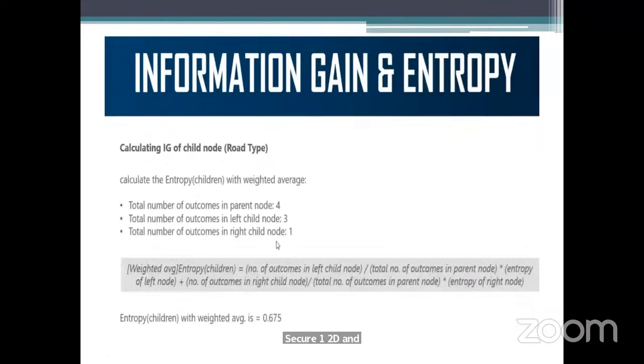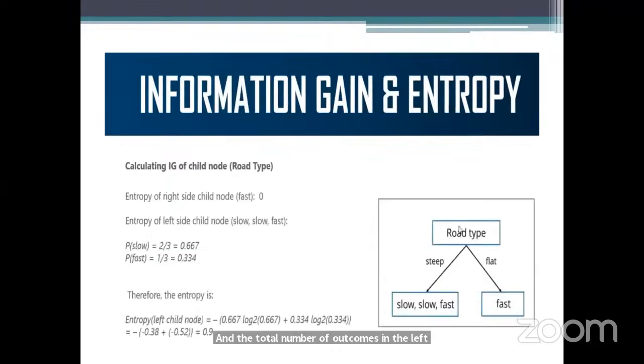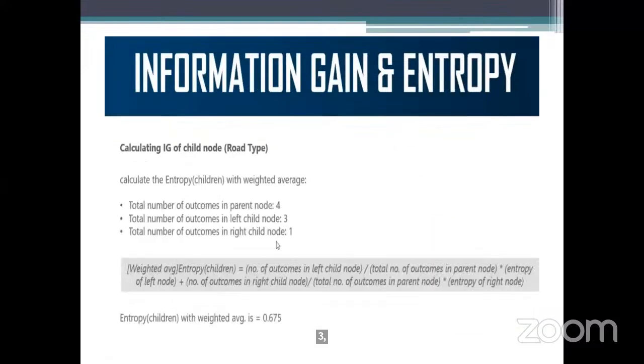The total number of outcomes in the left child node is 3, and the total number of outcomes in the right child node is 1. Substitute all of these in the formula. We get the weighted average of around 0.675.